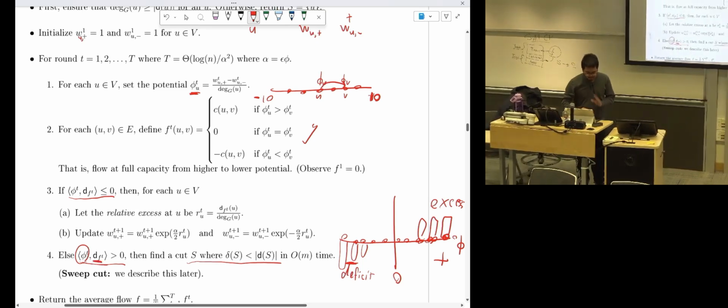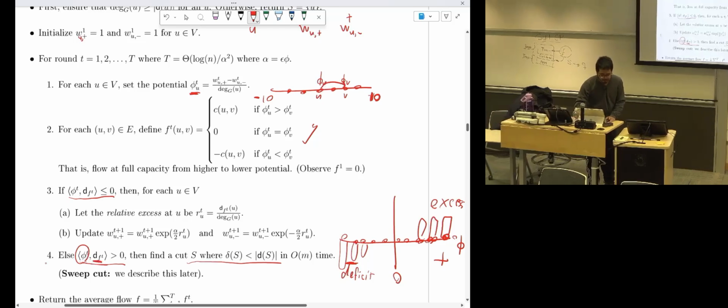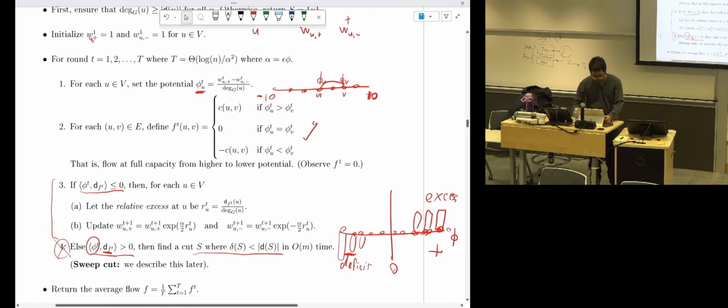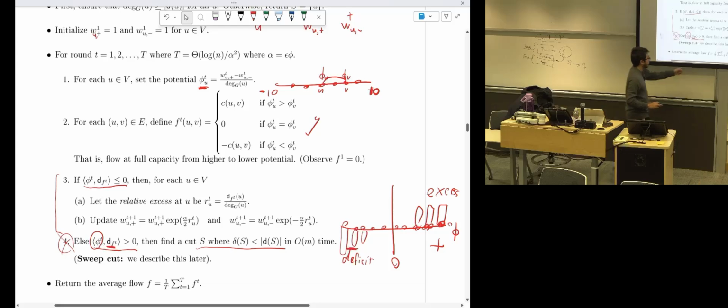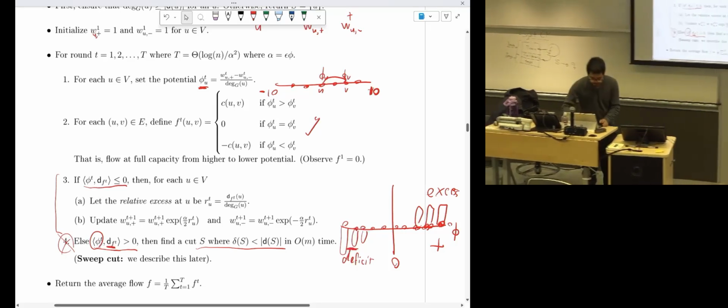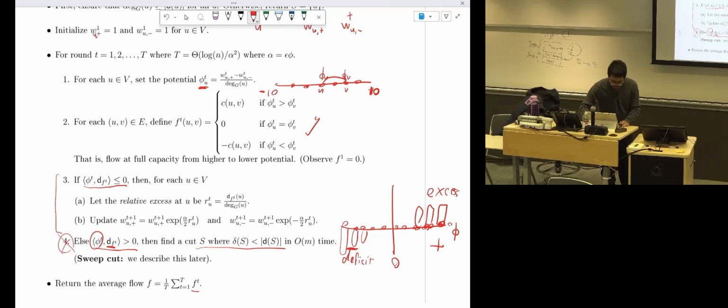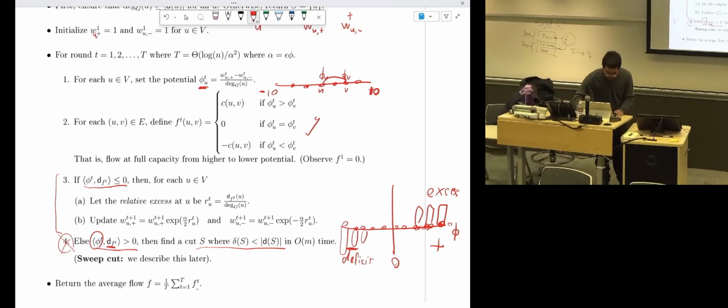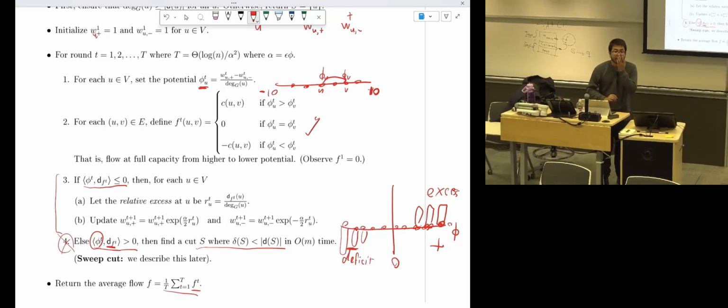Okay, this is just intuition. You're going to see clearly why you can get a violating cut soon. But for now, just assume that this doesn't happen, and we focus on the third step. And at the end, we just return the average flow. What average flow? Take the flow in each round and average them.